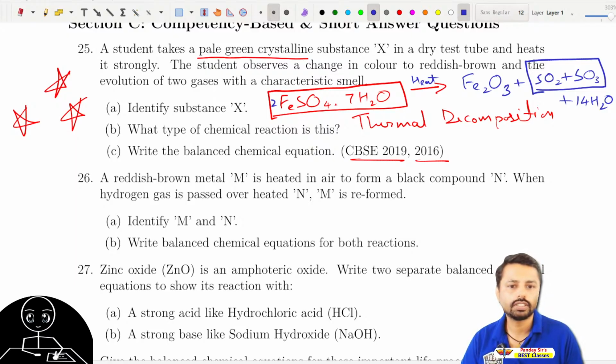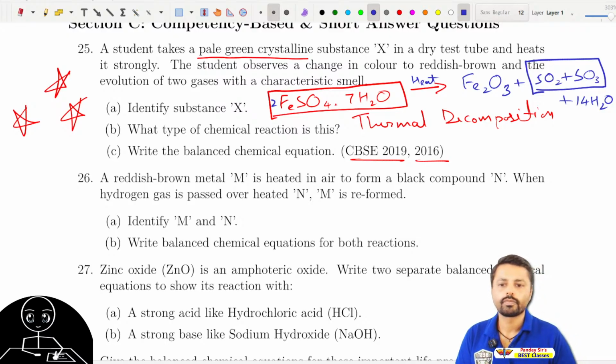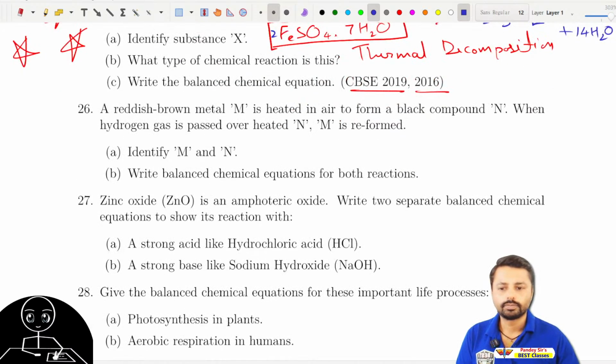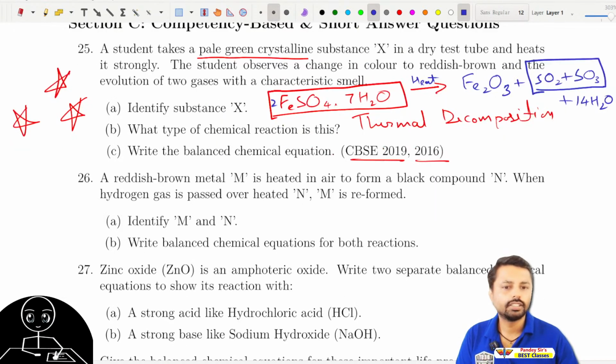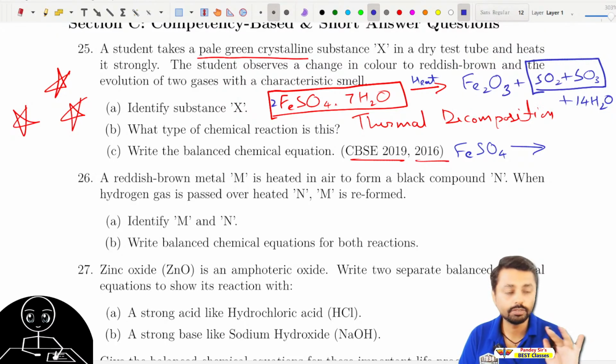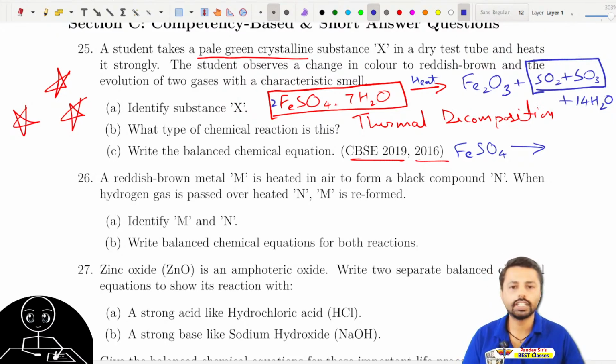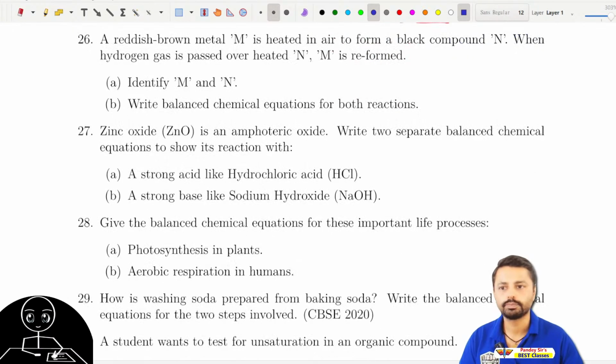Iron 2, 3, plus 2, 5 plus 3, 8. Yes, it's balanced. If they have given FeSO4 heated, then these products form. Keep this in mind. Now let's get to the next question.